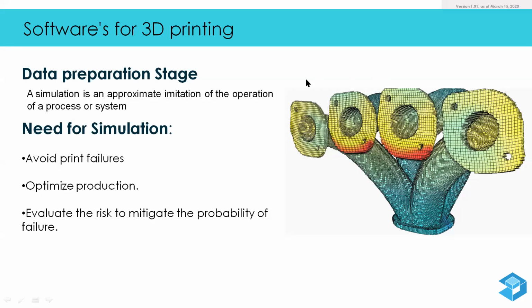You know this part is going to be used in a particular application, and you are aware of what loads and heat conditions the part is going to go through. So using FEA software, you simulate that particular environment for the part in the virtual space.